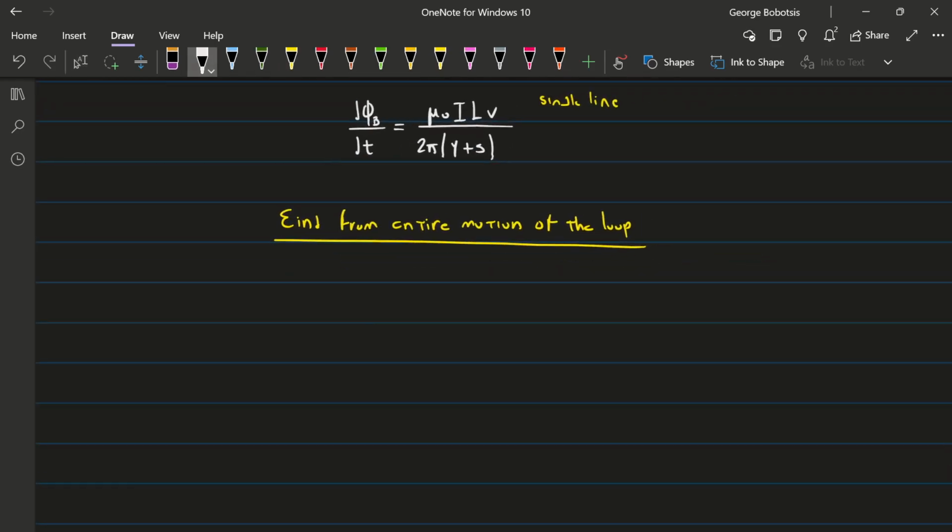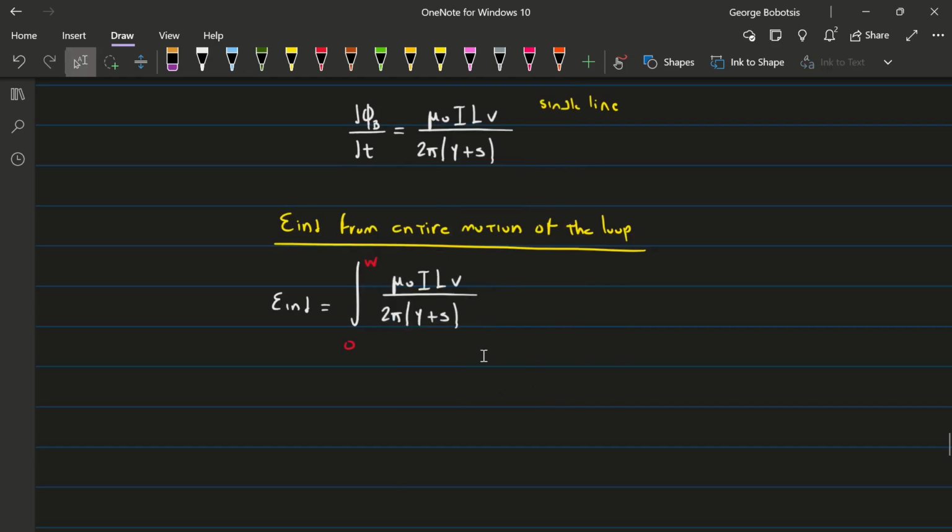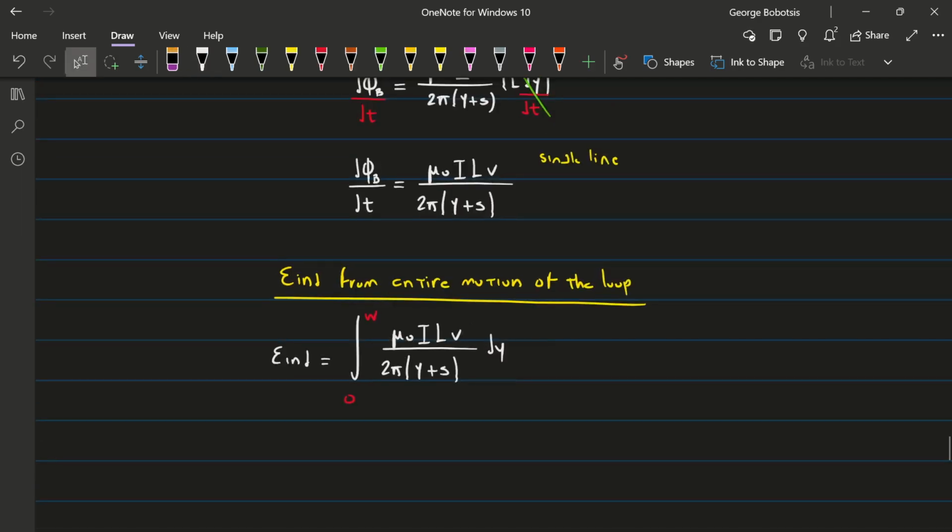So I'm going to integrate here. If I want the epsilon induced everywhere, I'm going to integrate from the bottom of the loop to the top of the loop. That's going to talk about every single line's effect right now. So we're doing a dy integral at the end of the day.